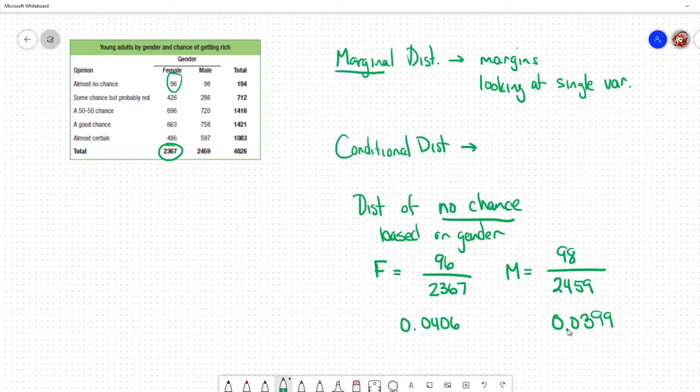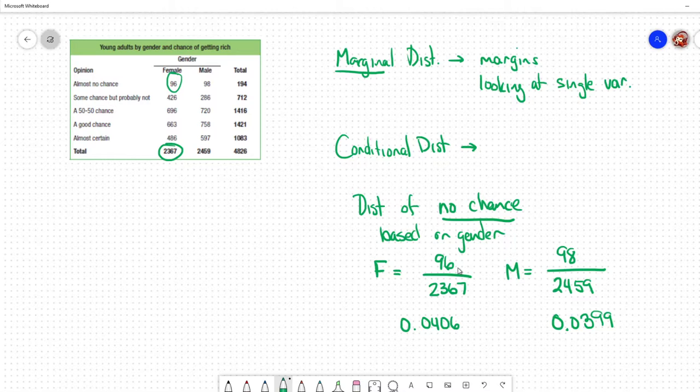Okay, so we see that there's a slight difference. So if I looked here and I only looked at this number, I only looked at this one opinion, it seems to me that based on the gender, there is a slight difference. It seems more females have the opinion, so it looks like gender is making a difference.